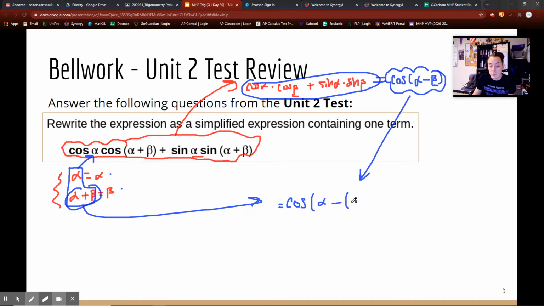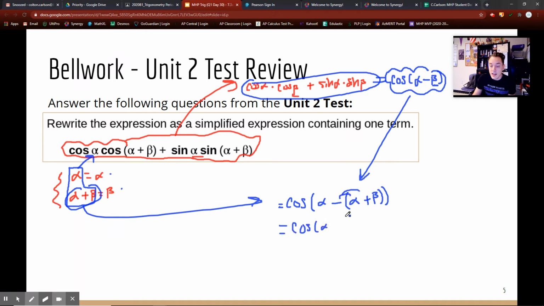So I need to put that in parentheses as well, alpha plus beta. So I have something like that, yes? So notice how I'm just replacing beta here, my normal straight up difference formula for cosine, with alpha plus beta in parentheses. Now, how do I solve this?